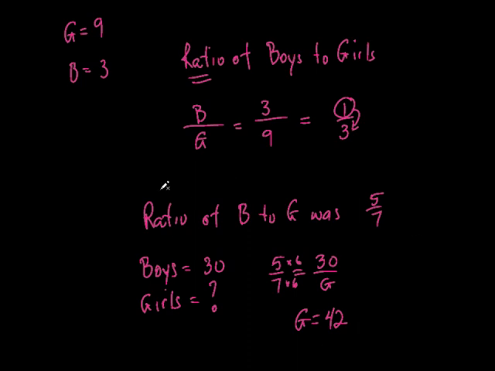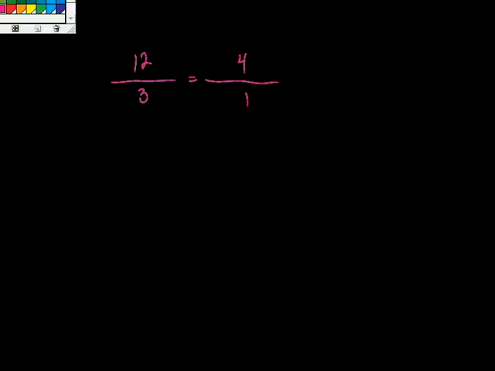So there's going to be some word problems on there that you're going to have to do. Let me show you another quick little thing. It's called cross multiplication. Do you remember doing cross multiplication? Watch this. If I had 12 over 3, what's 12 over 3 equal to? 4 over 1, isn't it? There's a quick little way to see if that's really right or not.